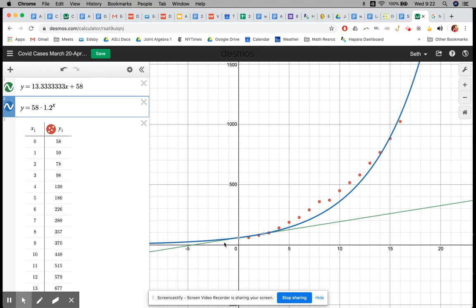So this is actually an exponential curve that is growing by 20% every day. And that's a pretty close model to what actually happened in Tokyo during this time. The number of cases was actually growing pretty close to 20% a day between those dates.